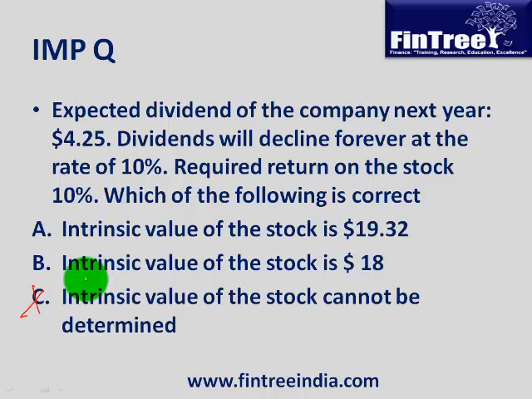So the options are incorrect. The answer would be 4.25 divided by 20%. What answer do you get? 21.25. So I wanted option B to be 21.25. B is the answer. Are we good to move?